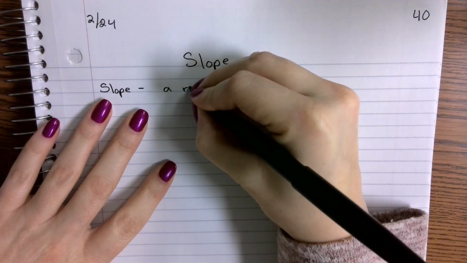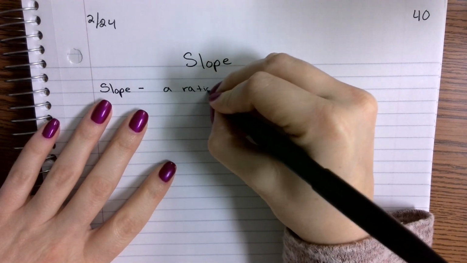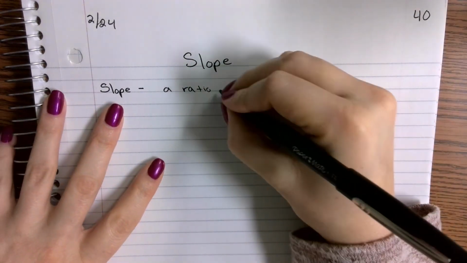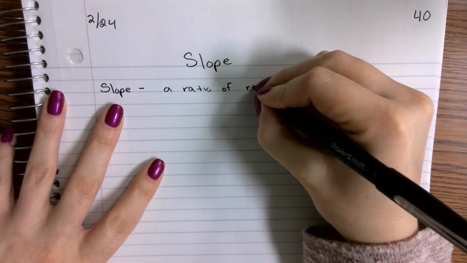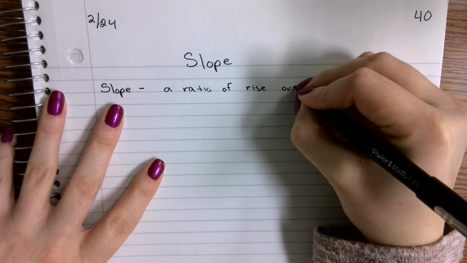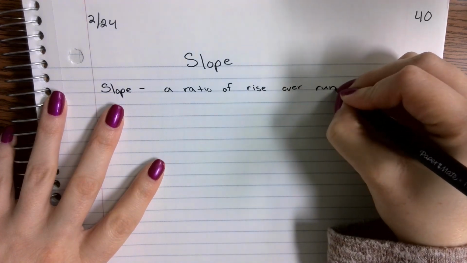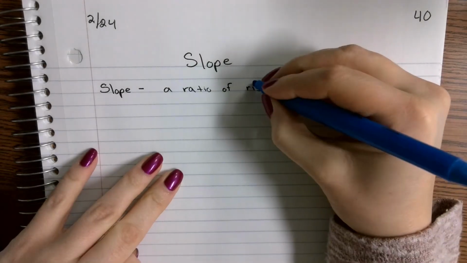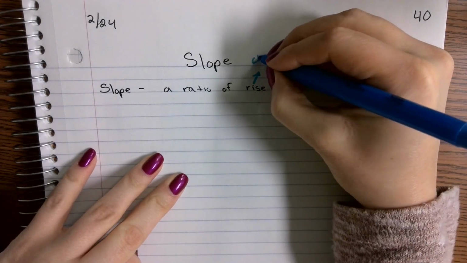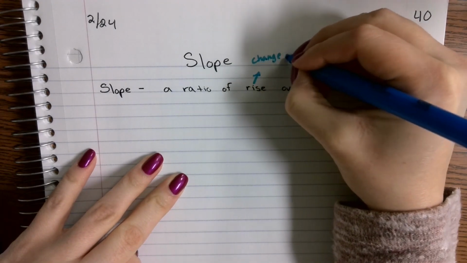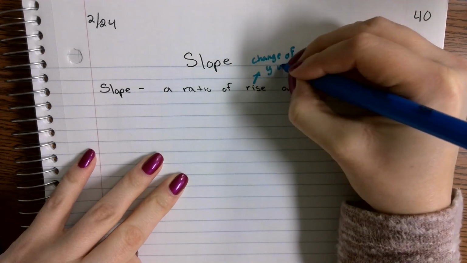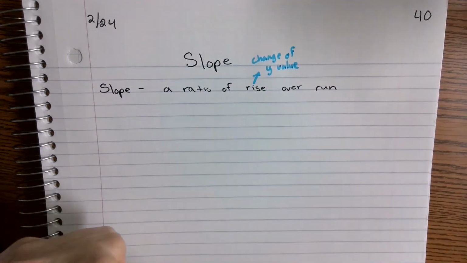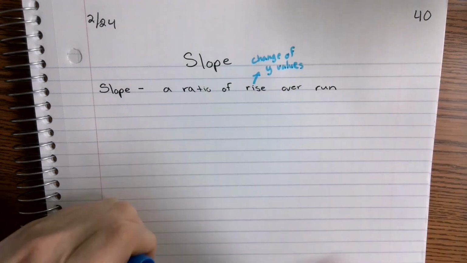When we talk about slope, slope is basically just a ratio of what we call the rise over the run. Okay, and the rise values, that's the change of your y. The rise is your change of your y values.